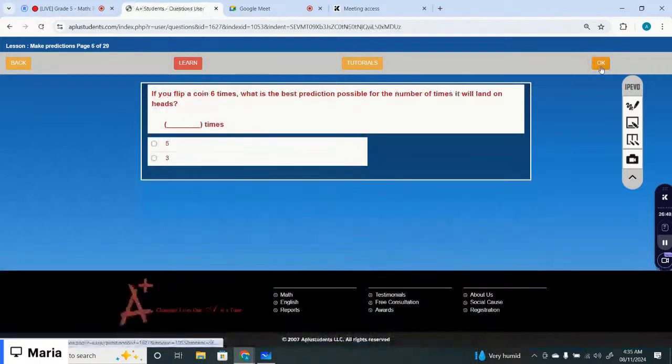If you flip a coin 6 times, what is the best prediction possible for the number of times it will land on heads? So, which is the correct option?